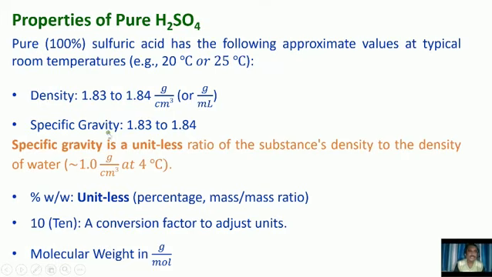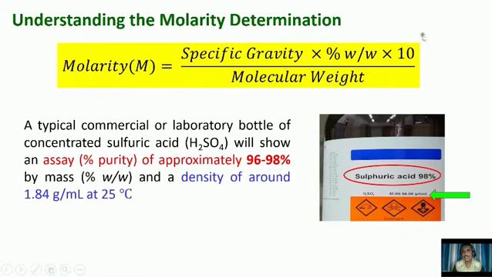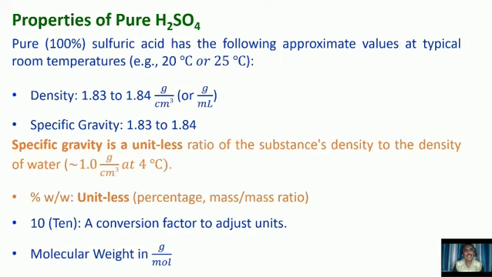The specific gravity is unitless. Also, the percent weight by weight, as it is a ratio of mass to mass, is also unitless. In the earlier formula we have seen, the 10 is there. So what is this 10? This 10 is a conversion factor to adjust the units.